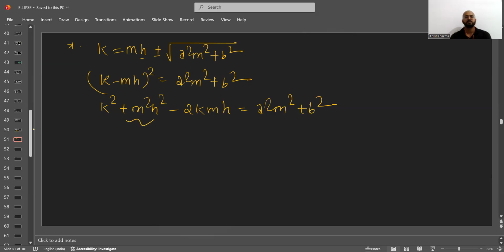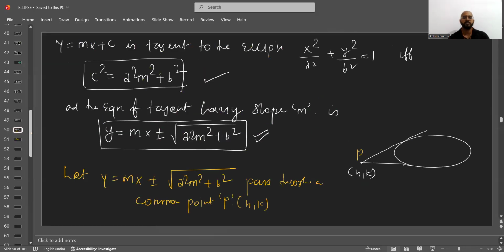Considering all the m squares together, we get h square minus a square into m square, then minus 2kh into m, and then plus k square minus b square is equal to 0. Now this is quadratic in m. That means ultimately we can consider that from an external point two tangents can be drawn. And the next part would be, I want to know the angle between them.